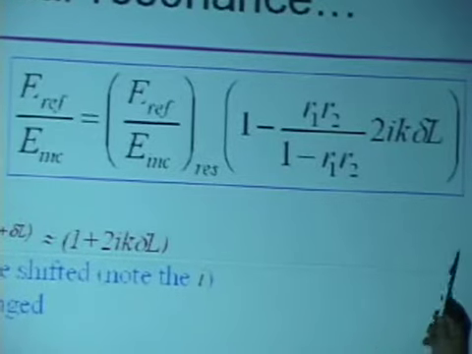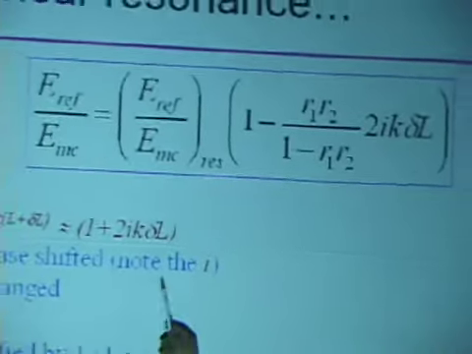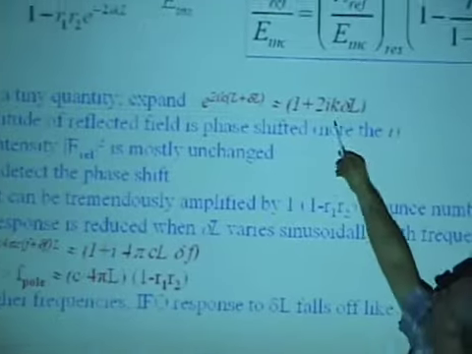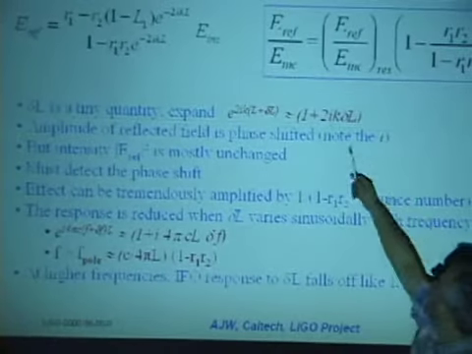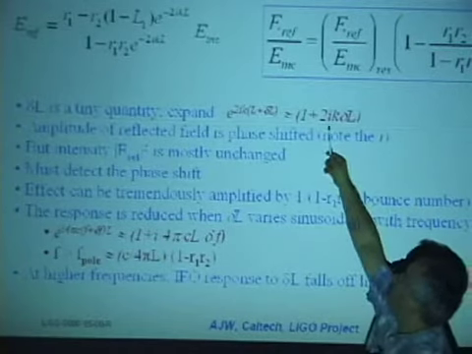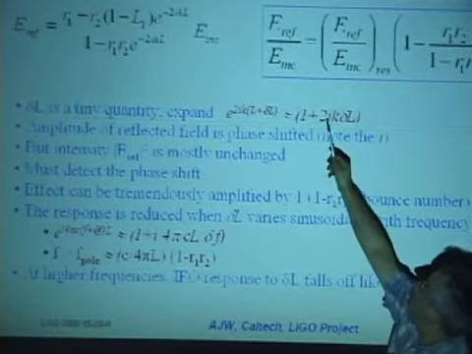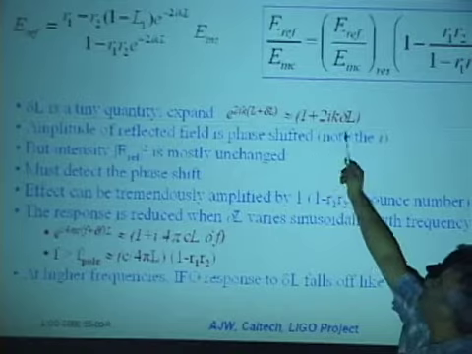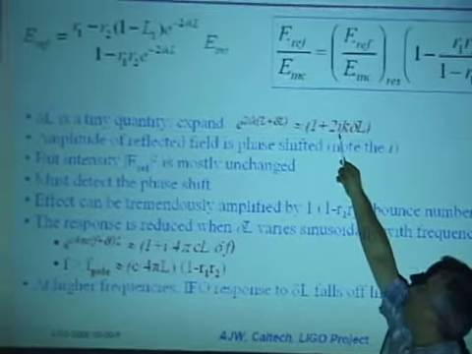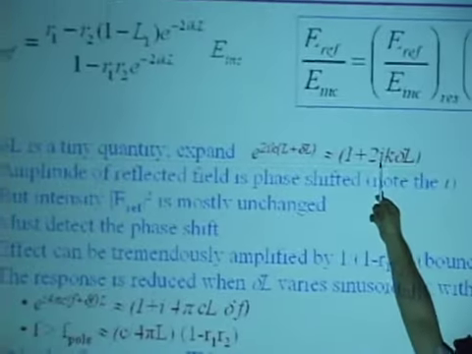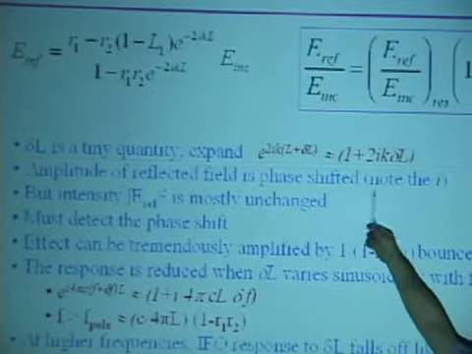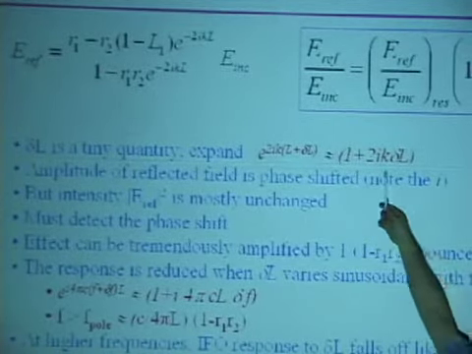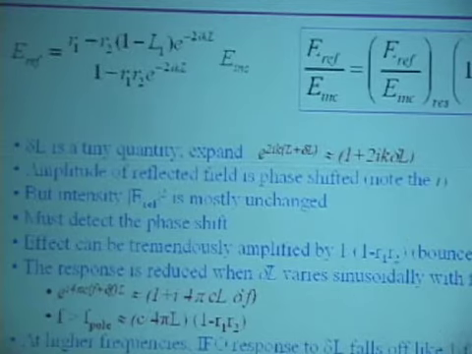Okay? And this is a valid formula if 2 pi k delta L is very small compared with 1. And then what you see is you pick up an i here. And that i means that the amplitude of the reflected light is phase shifted. You get a little bit of light at 90 degrees phase shift with respect to the initial light. And it's that phase shift that we want to detect, because it's that phase shift that has information about the change in the light.